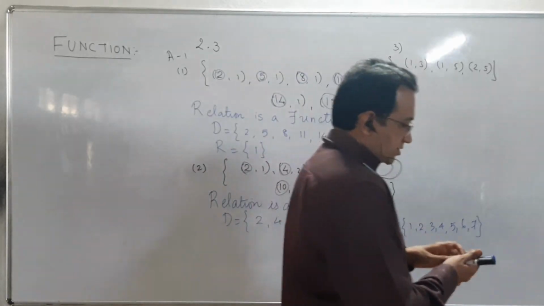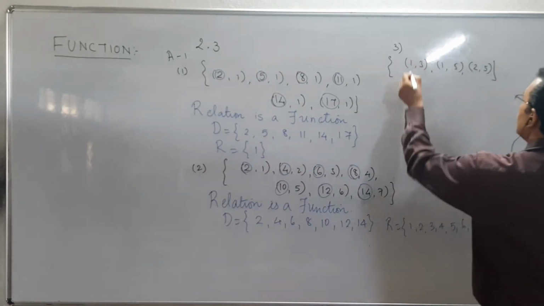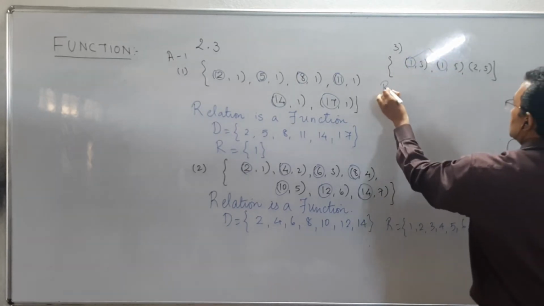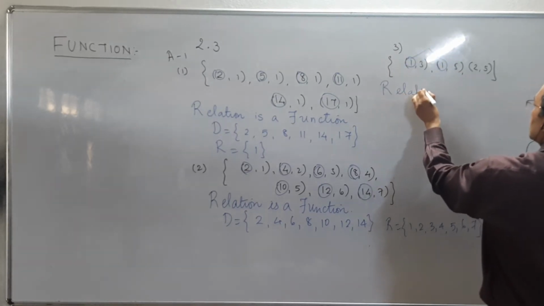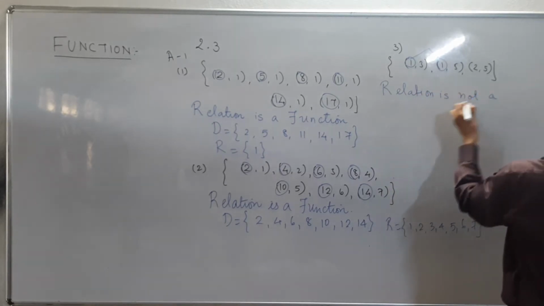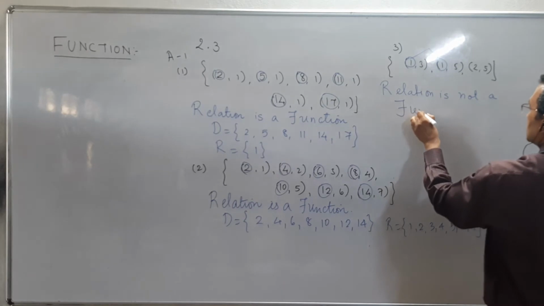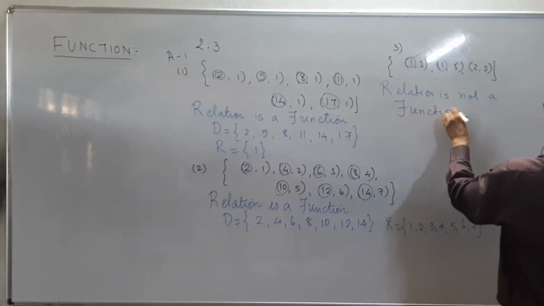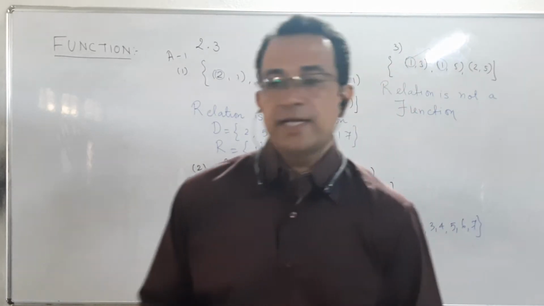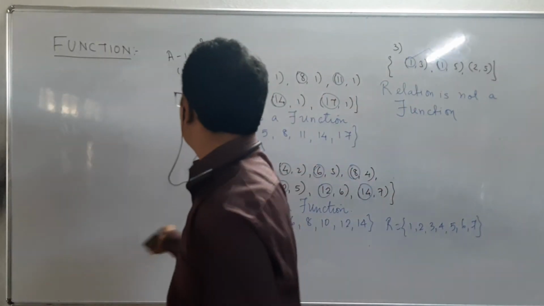Okay, students, now this. First element 1, first element 1 is repeated. So this relation is not a function. So if it is not a function, there is no question of writing its domain and range. That's all, students.